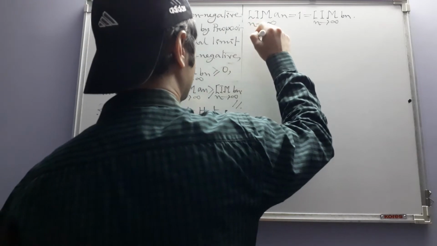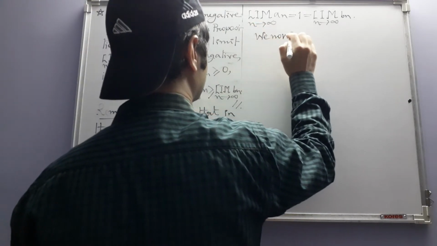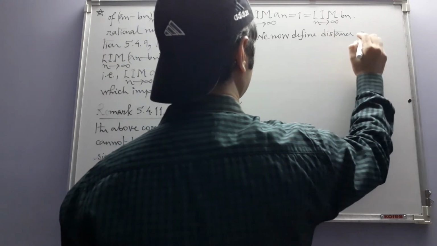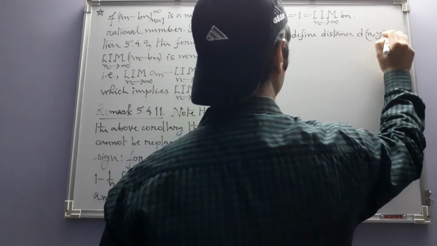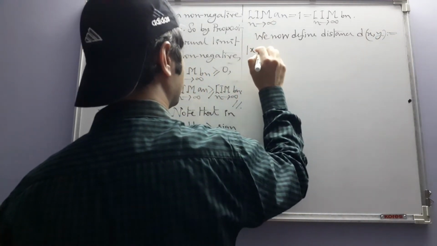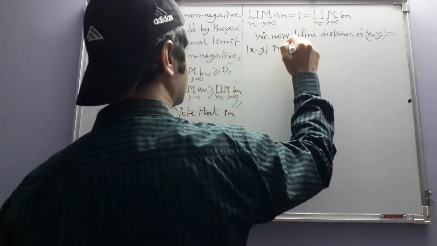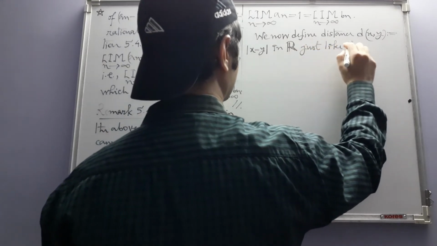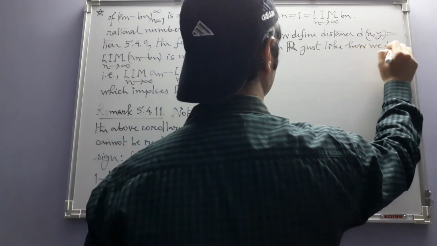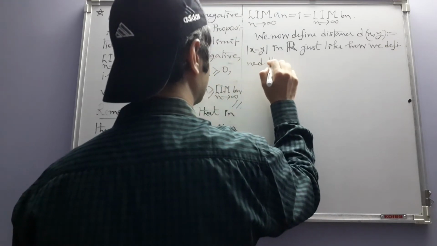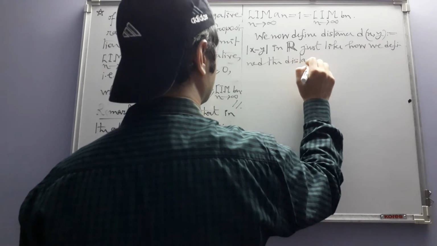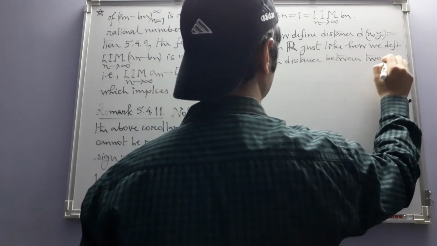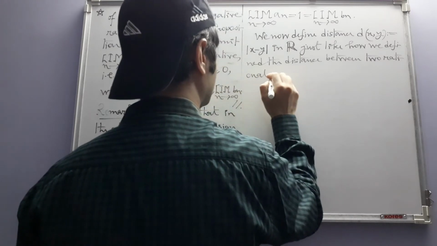Okay, we now define distance d(x, y) equal to the absolute value of x minus y in the set of real numbers, just like how we define the distance between two rational numbers.